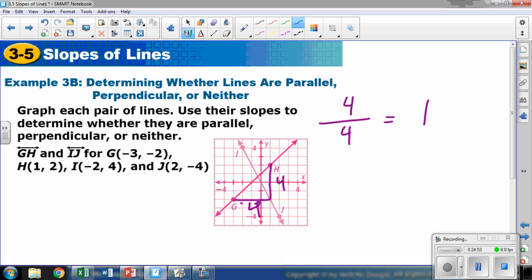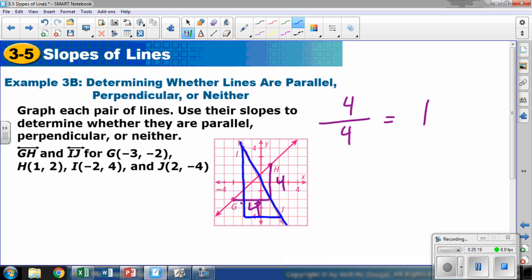And for the other line, well, it doesn't look perpendicular. It kind of looks acute. But again, we've seen before that looks can be deceiving. We have to trust our theorems to tell us accurate information. So here we'll take our two points and figure out the rise and run.